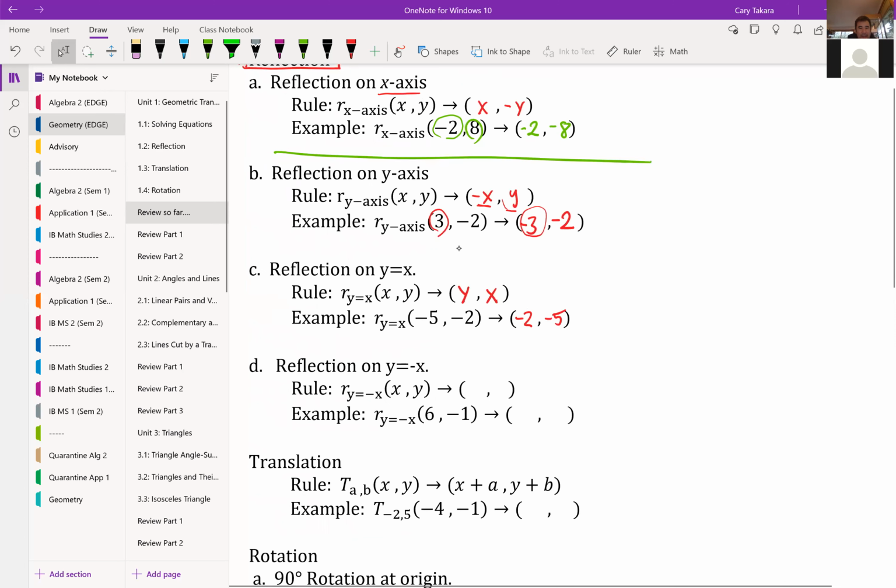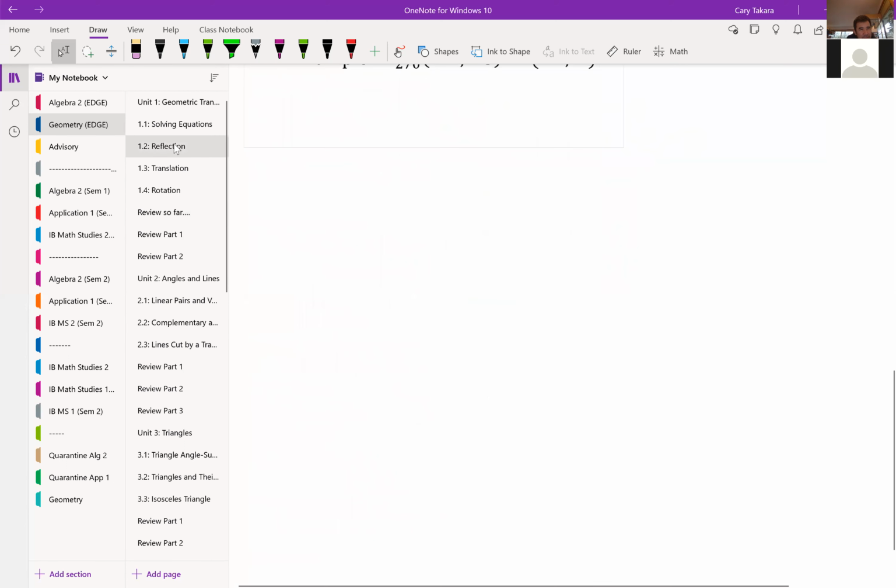Okay. Now, next one, how about reflection on y equals -x? Let's look into your notes and see. Does anybody have the notes with you? Look for the information on that. How does it go? So let's go back to 1.2, reflection.